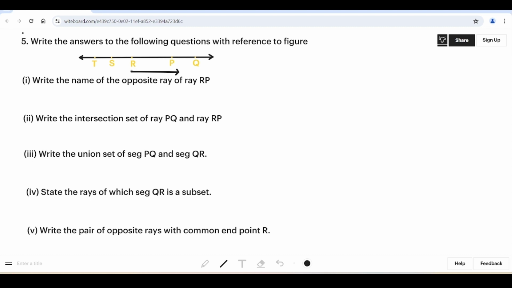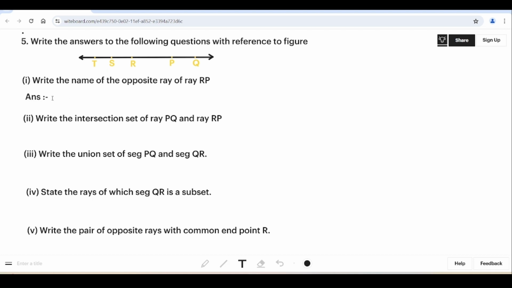Now opposite ray means a ray which is exactly in the opposite direction. So our opposite ray will go this way. So we can say the opposite ray is RS or RT.